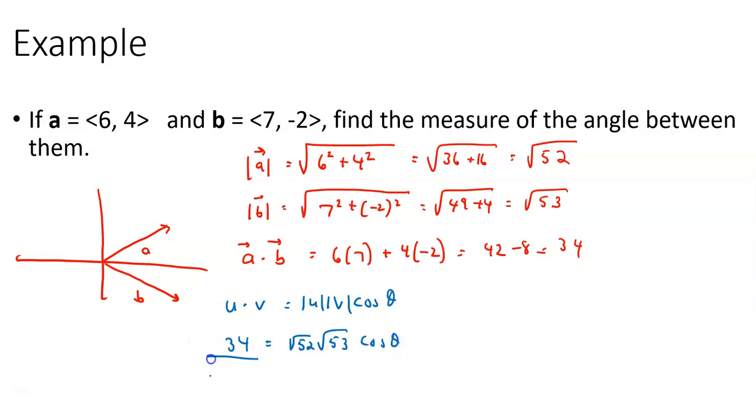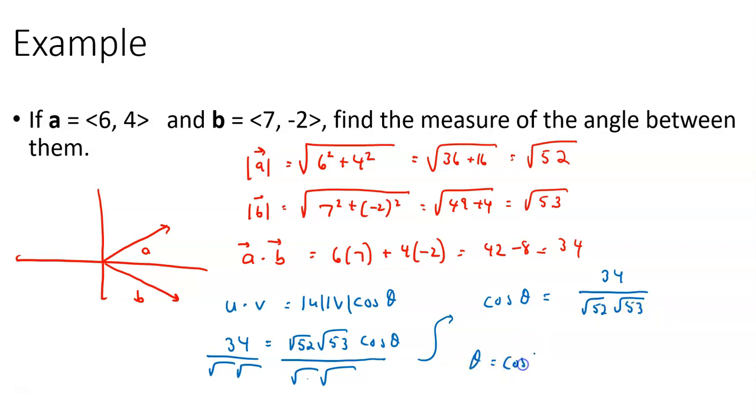All right, let's divide both sides by the two square roots. And what that gives me is cosine of theta equals 34 over the product of the two radicals. And so then theta is the inverse cosine of this.